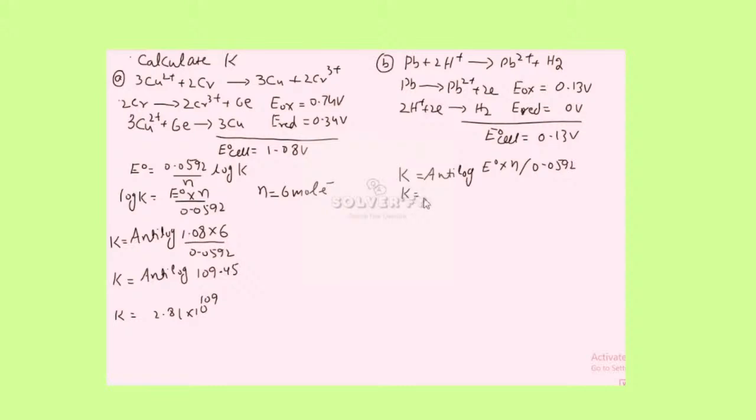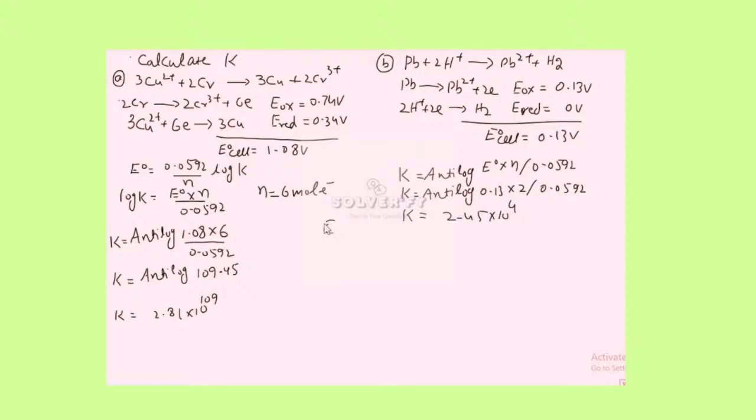K is equal to antilog, where E naught is 0.13, N is equal to the number of electrons lost or gained, which is 2 moles of electrons, divided by 0.0592. Calculating the value and then taking the antilog, we get K. K is equal to 2.45 into 10 raised power 4.